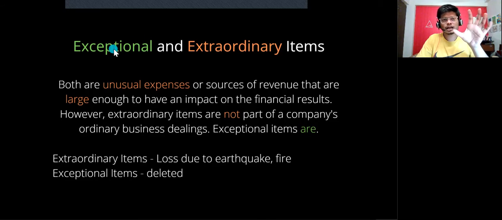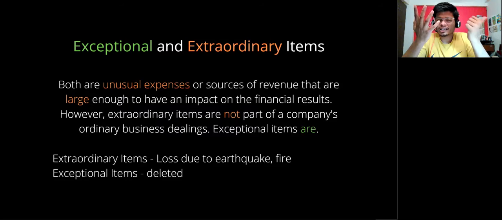So exceptional items are those revenue or cost items which are significant in nature. Very important. Significant in nature. If it's not significant in nature, then it's not relevant to show it separately.